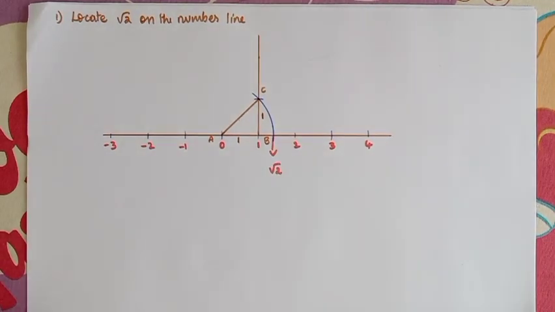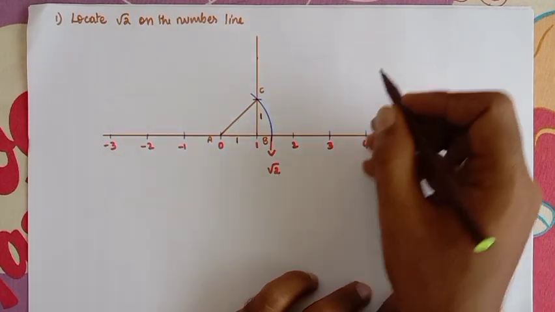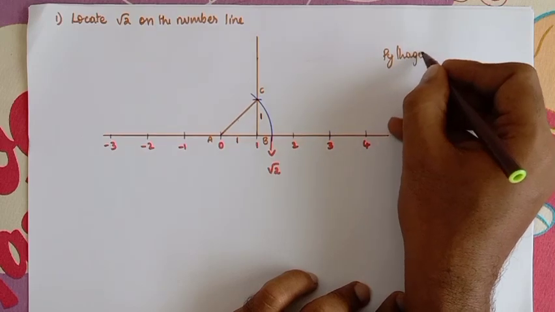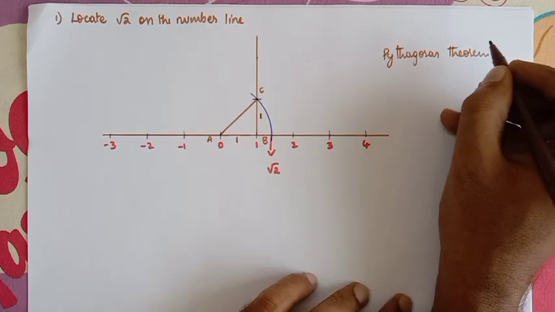How? Let us justify this. How is it equal to root 2? For this, we have to go to the Pythagoras theorem. What does it say?